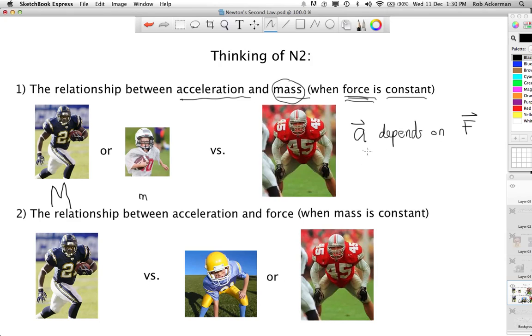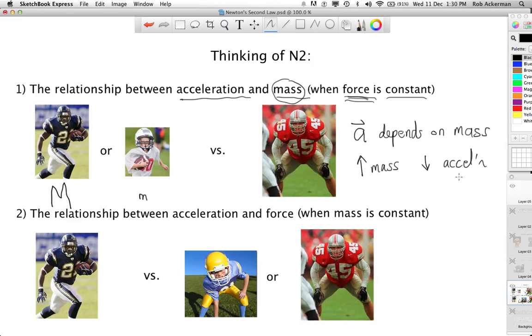Actually, sorry, let me check myself there. I'm thinking of the other situation. What I wanted to say was the acceleration depends on mass. If there is more mass for a given force, then there should be less acceleration.